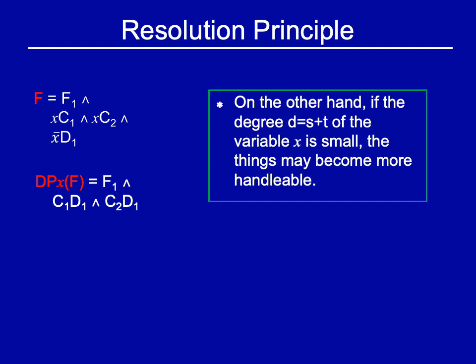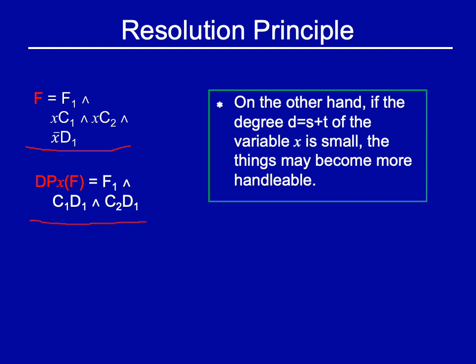But suppose, for example, you have a variable that appears in very few clauses, like this example here. x appears in only 2 clauses, and x bar, the negation of x, appears in only 1 clause. Then if you do the resolution on x, you would get a formula which is actually quite simple. When we say degree, we mean the clauses in which x and x bar appear.